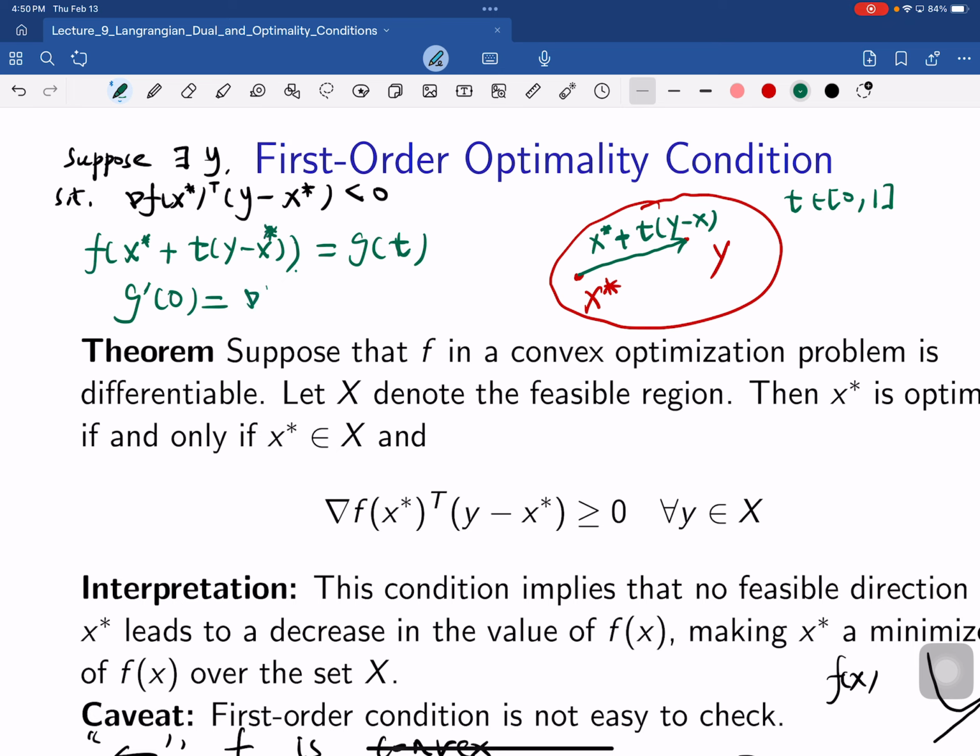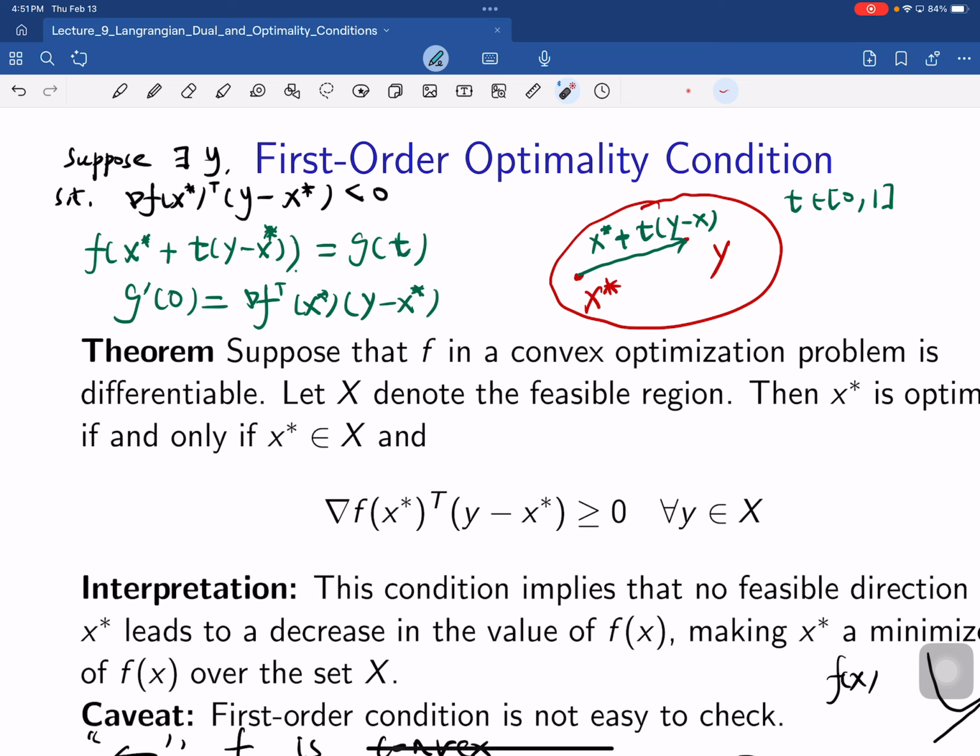It is nothing but this term here, because, following the chain rule, you first take the derivative with respect to x, then the derivative with respect to t. Then you get the gradient of f at x star times y minus x star.